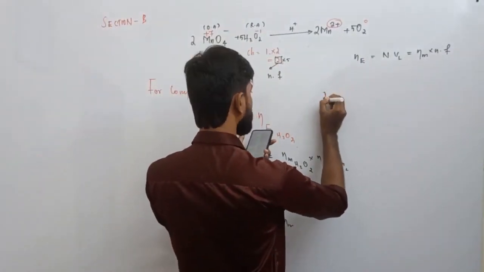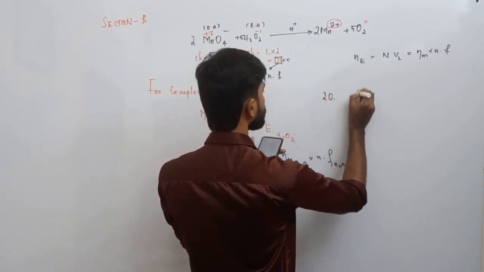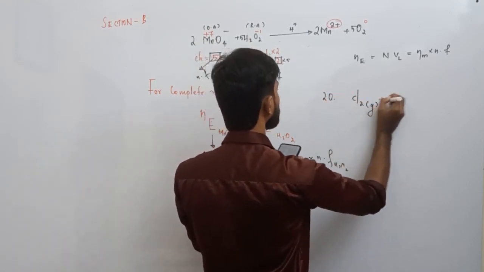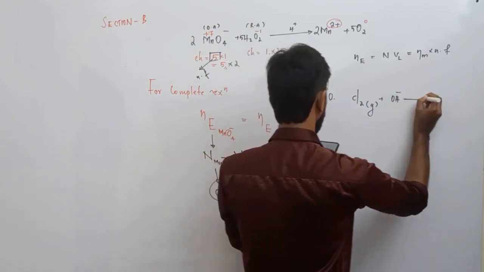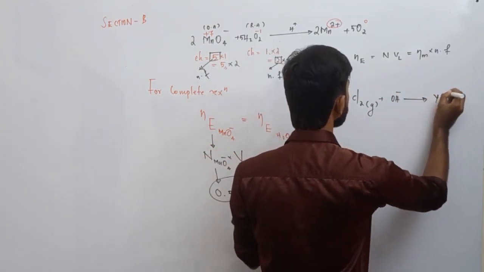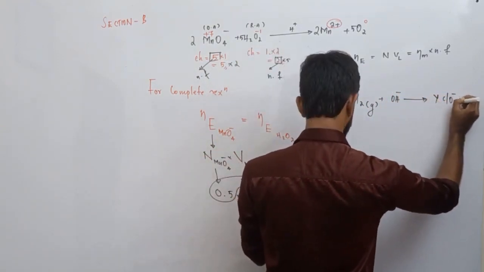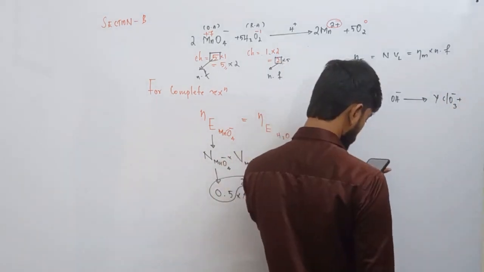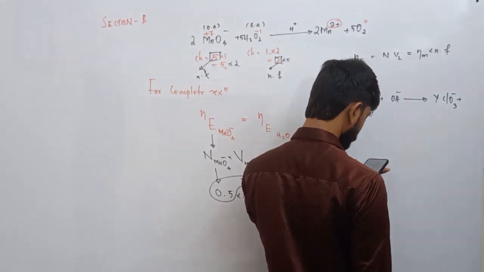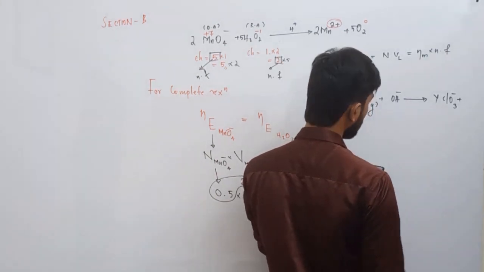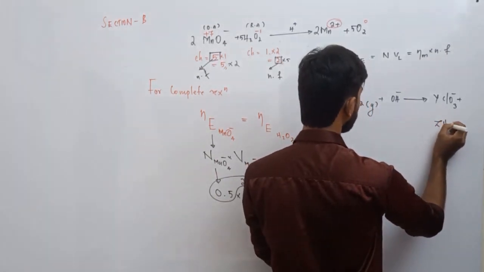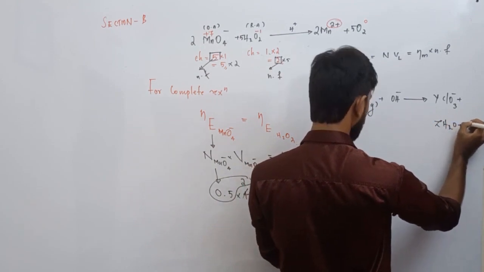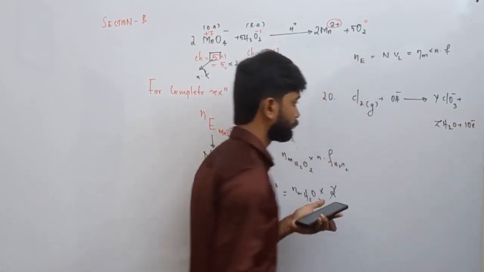It is a balancing question, question number 20. Cl2, the gas, plus X OH minus gives Y ClO3 minus plus Z H2O plus 10 electrons.